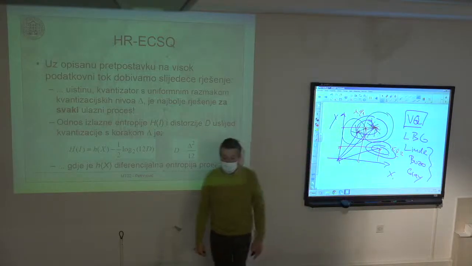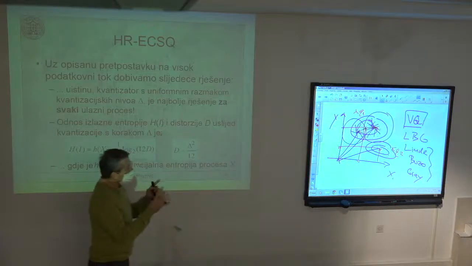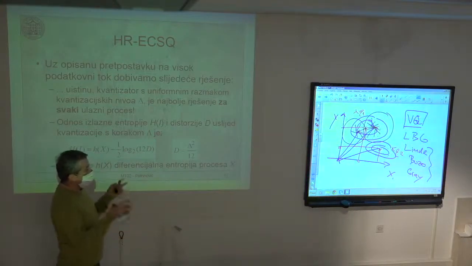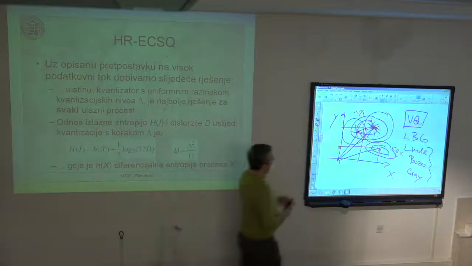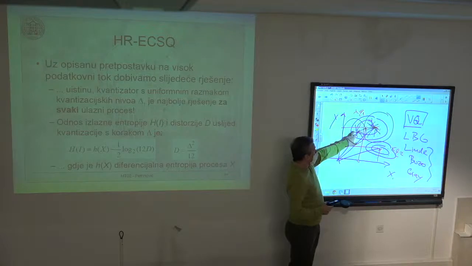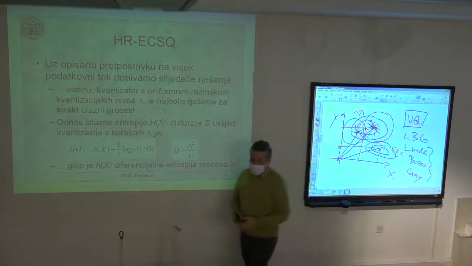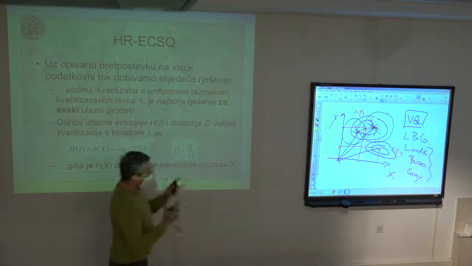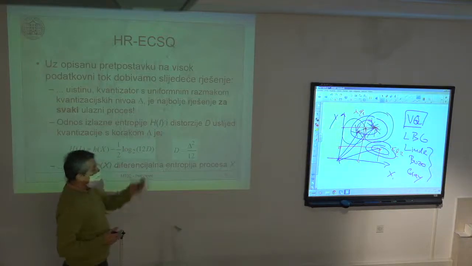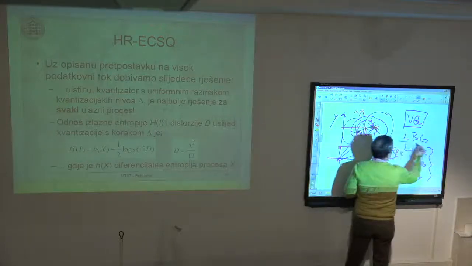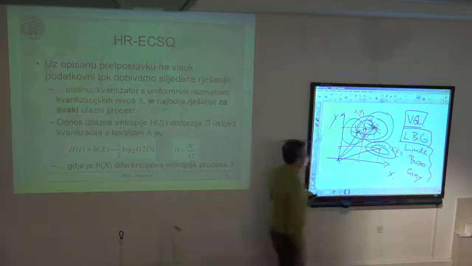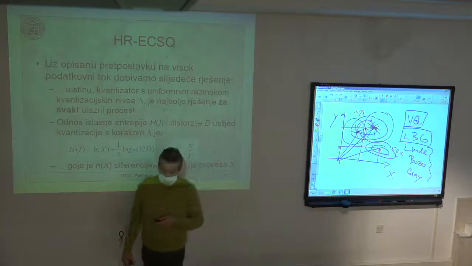I have three mean values, and I'm trying to arrange the input process by assigning each sample of the process to the nearest neighbor, to the nearest representative, to one of these three vectors. The algorithm to find these three vectors with minimum distortion is the K-means algorithm, which is also known as the Linde-Buzo-Gray algorithm in the context of signal quantization.